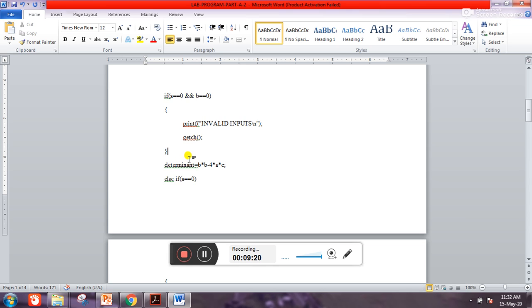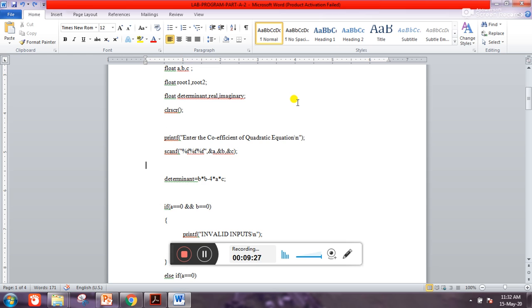First, after accepting input, we have to find out the determinant value. How to find the determinant value? b square minus 4ac. In a C program, how do you type that expression? b into b minus 4 into a into c. So first you find the determinant value.